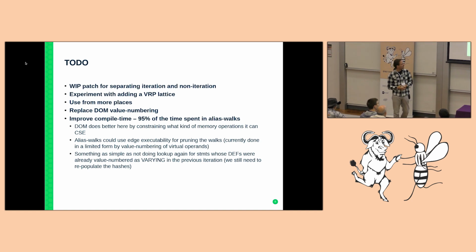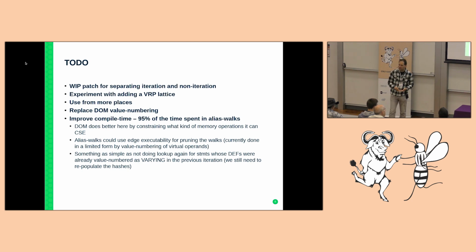Then currently the alias walks. So now that we track the executability of edges optimistically, and we can rely on the executable edge flag, we can eventually skip regions we don't need to process with the alias walks.